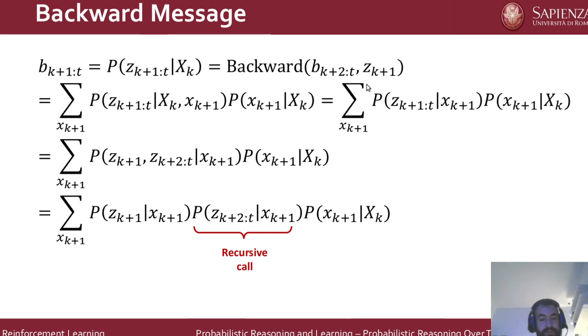So how do we do this in practice? It's exactly what I said before. So we are looking at the observation model and saying what is the probability that this observation was generated by this state, and then we are considering the transition function and saying what is the probability that this state was generated by the state that we are interested in. And you are calling this thing in a recursive way somehow.